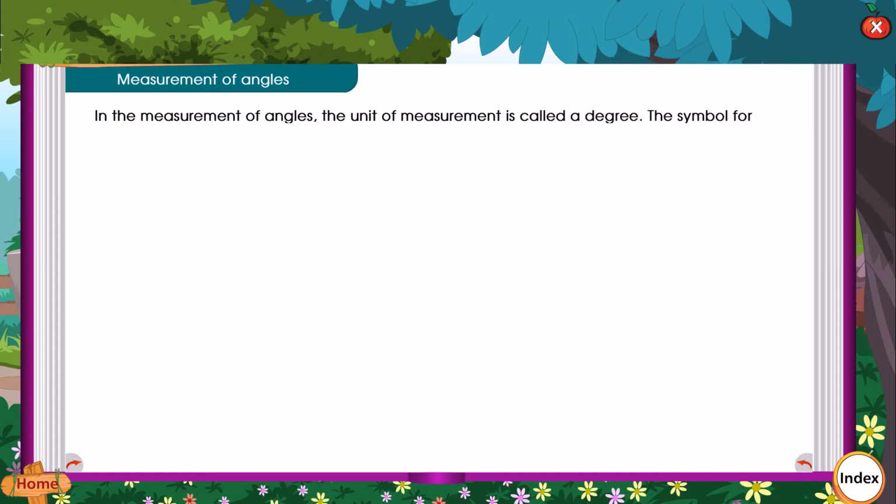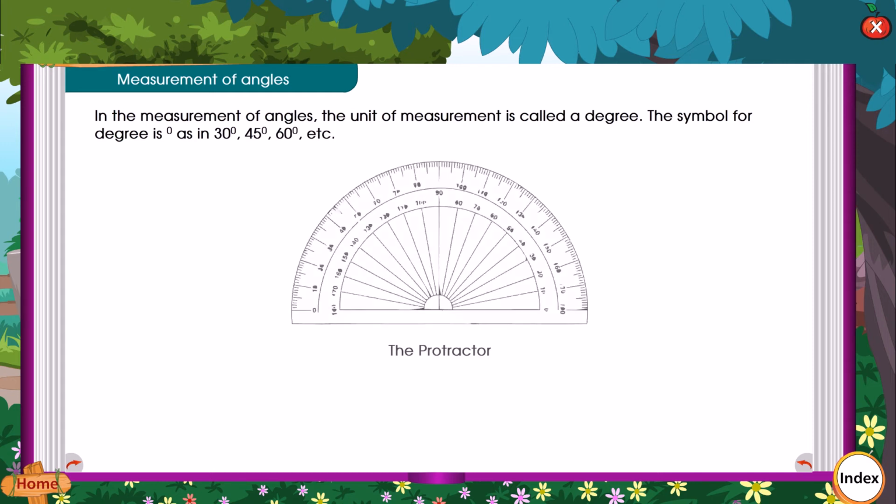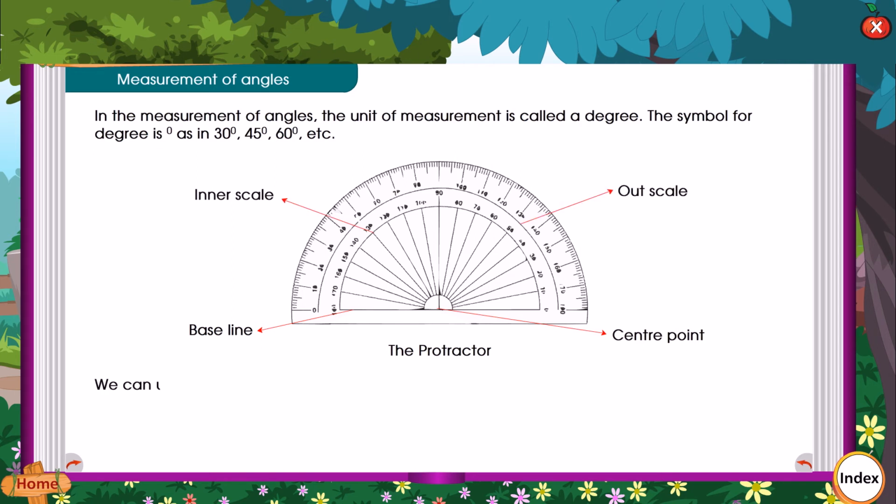Measurement of angles. In the measurement of angles, the unit of measurement is called a degree. The symbol of degree is ° as in 30°, 45°, 60°, etc. The protractor, baseline, center point, inner scale, outer scale. We can use a protractor to measure the angles.